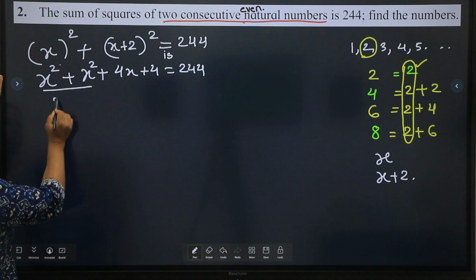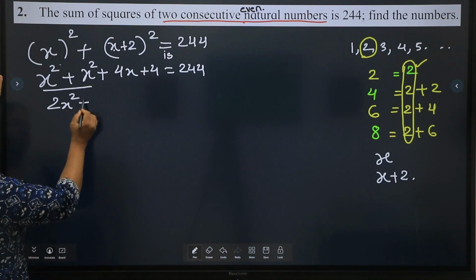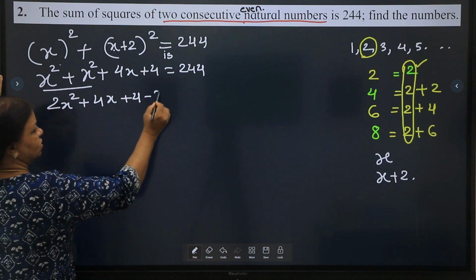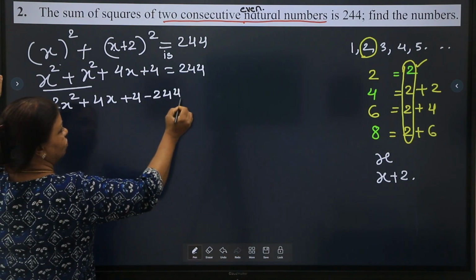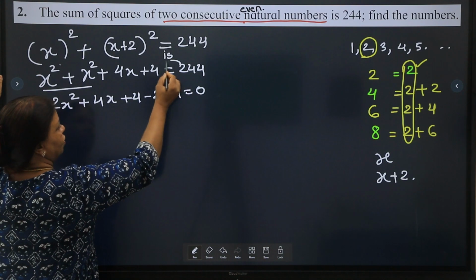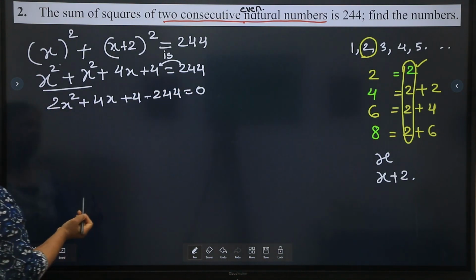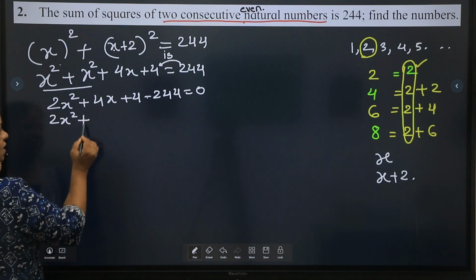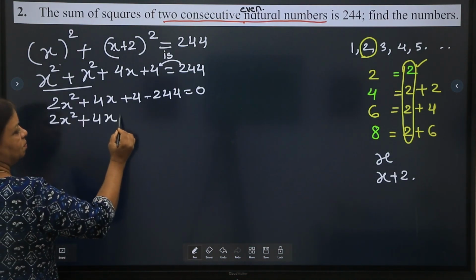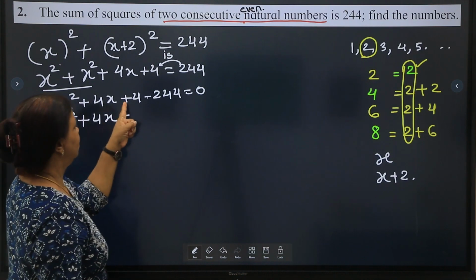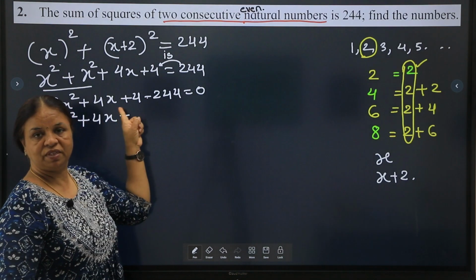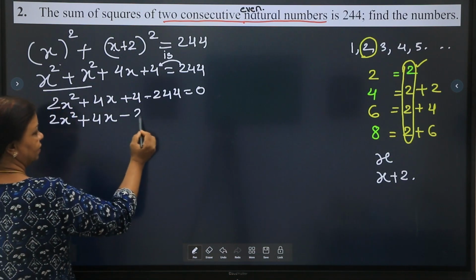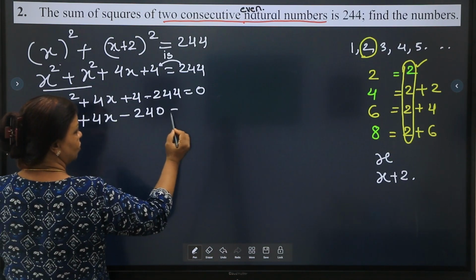Now this is 2x square plus 4x plus 4 minus 244 equals 0. When I bring 244 here, it will be minus. So 2x square plus 4x, and 4 minus 244 will be minus 240, equal to 0.